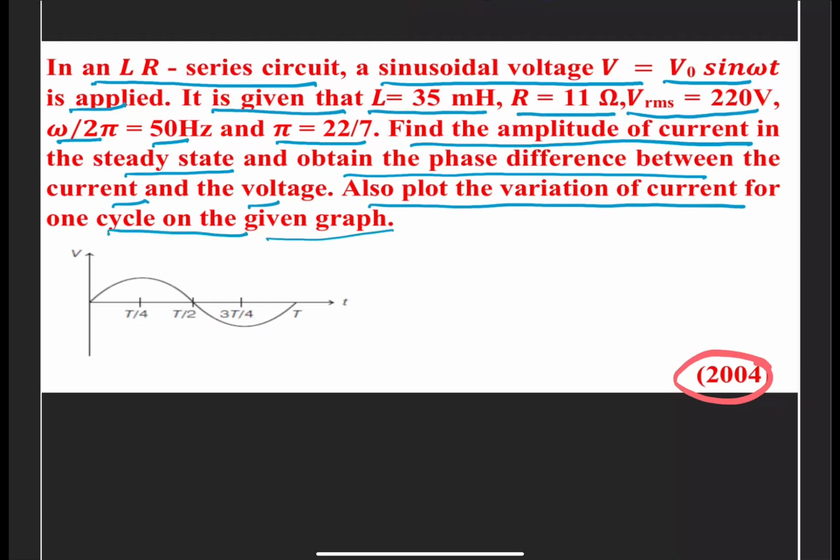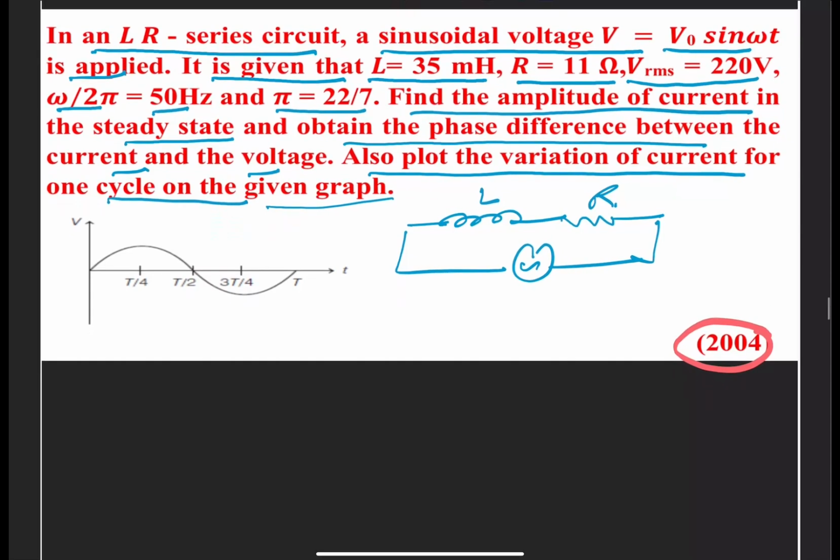In this case, we are given a series LR circuit, so we can just draw its approximate diagram. So we have an inductor and a resistance, and it is connected with a voltage source whose equation is given as V is equal to V0 sine of omega t.